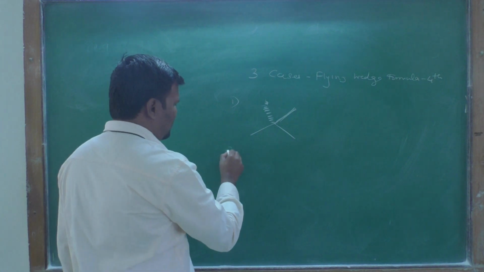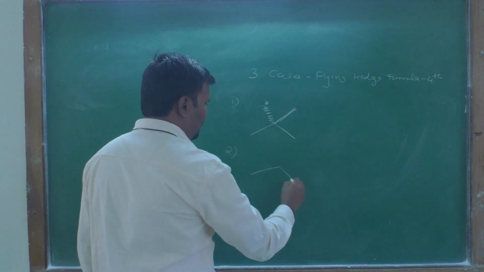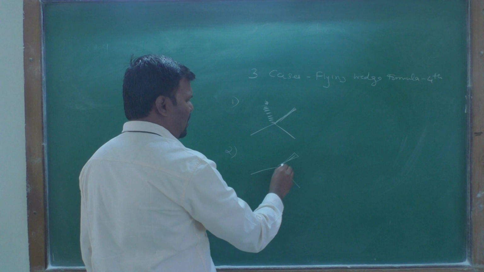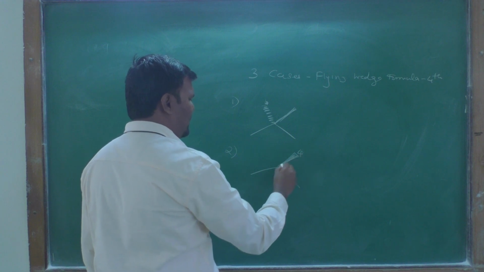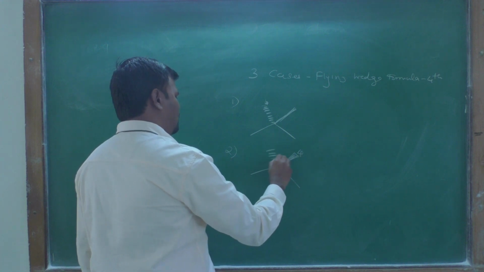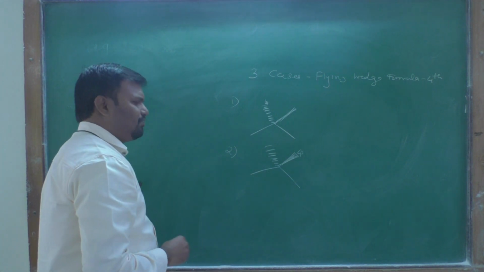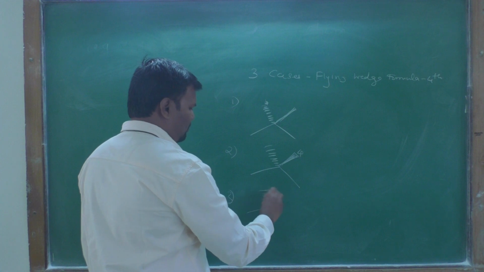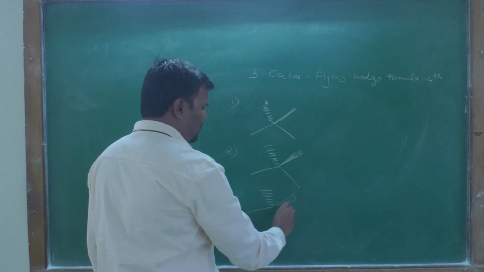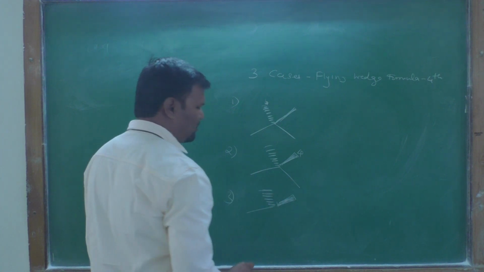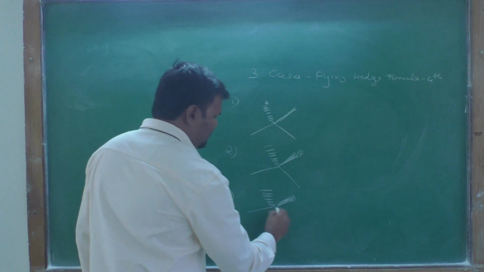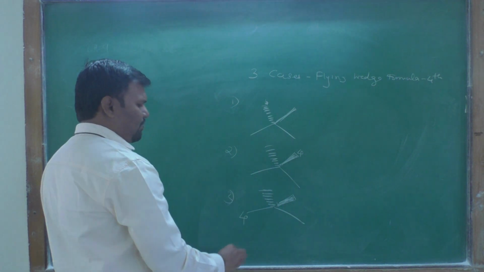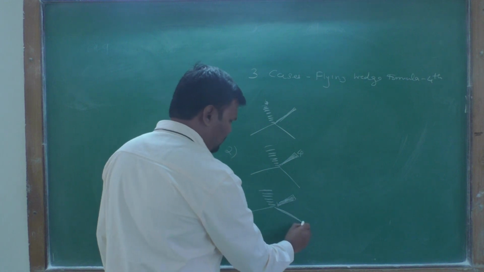That is the first case. The second case is when your fourth priority group is present at the solid wedge line, and third, your fourth priority group is neither on the solid wedge line nor on the dotted wedge line. It is present in the plane of the bonds.